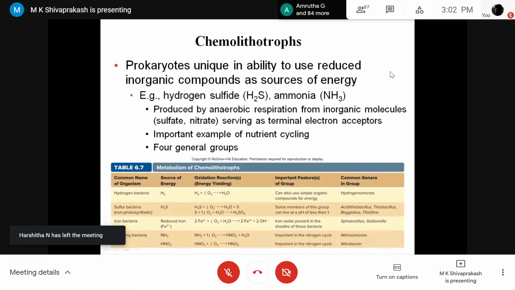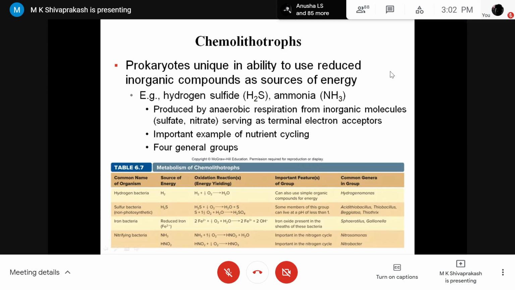Depending on whether they derive energy from reduced inorganic molecules or from sunlight, they are further classified into chemoautotrophs or photoautotrophs.